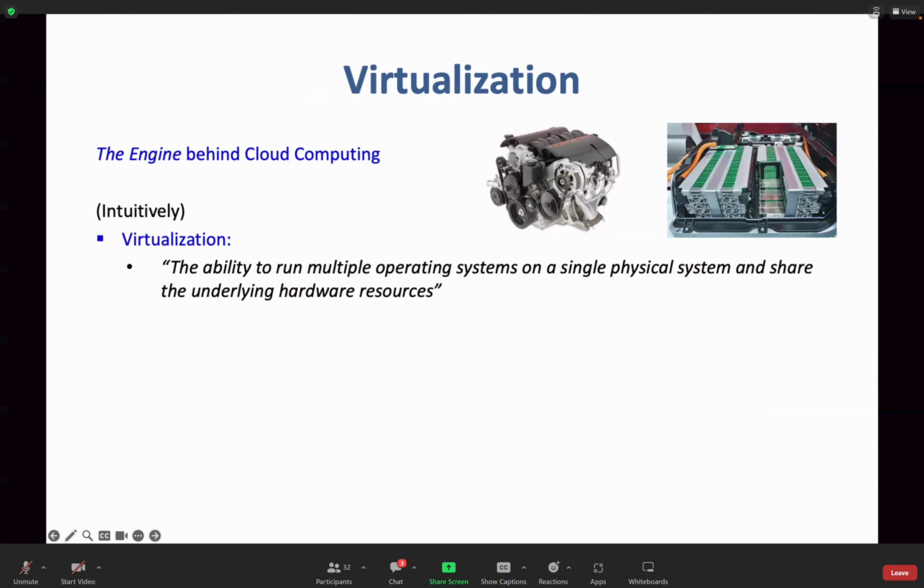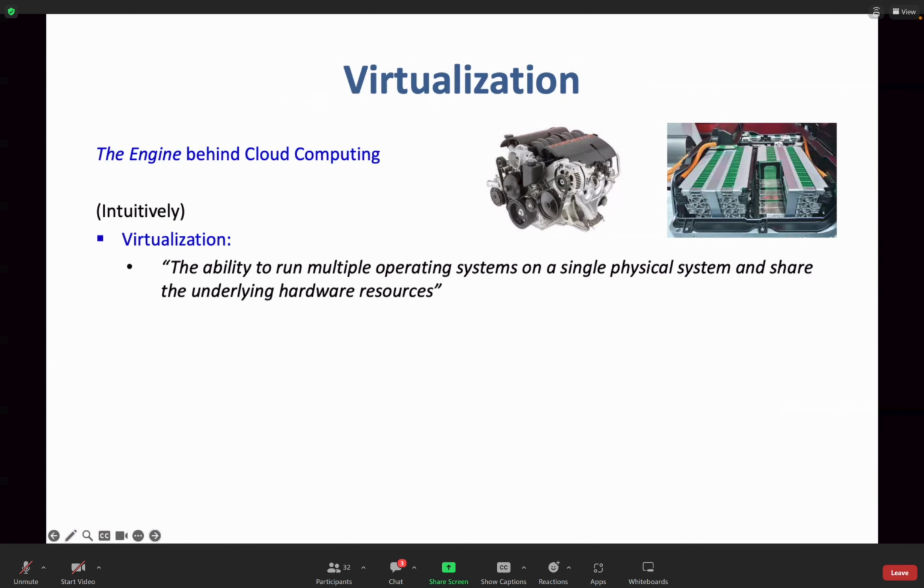So multiple OS are running on a single physical system, and the hardware will be shared among them. So cloud computing, AWS, Azure, these cloud services are enabled by this virtualization.